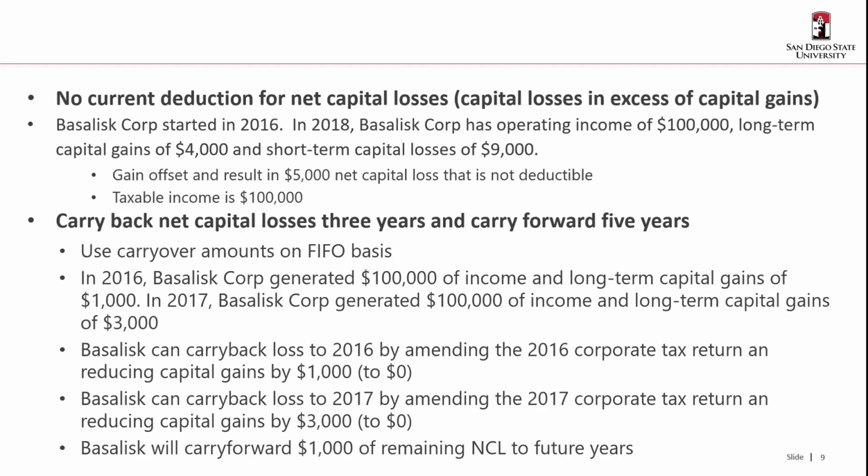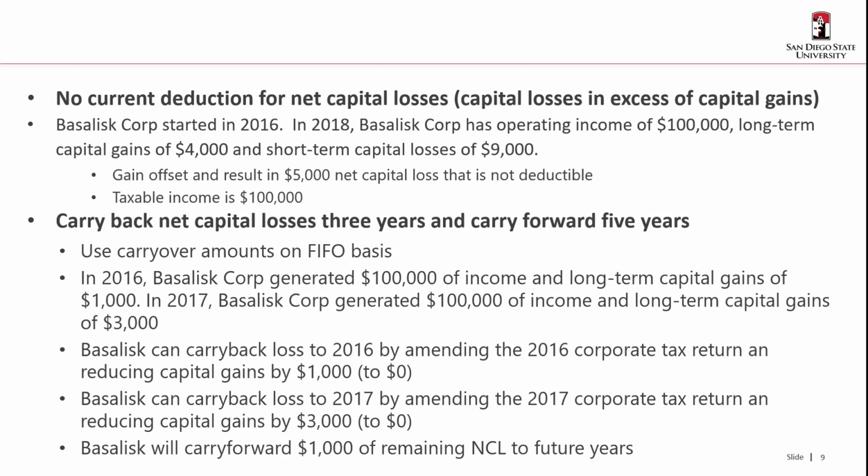Okay, since there is no current deduction for net capital losses, say Basilisk Corp starts in 2016, and then in 2018, Basilisk Corp has operating income of $100,000, long-term capital gains of $4,000 and short-term capital losses of $9,000. Well, the first rule of capital gains and losses is first you net any short-term gains against any short-term losses.